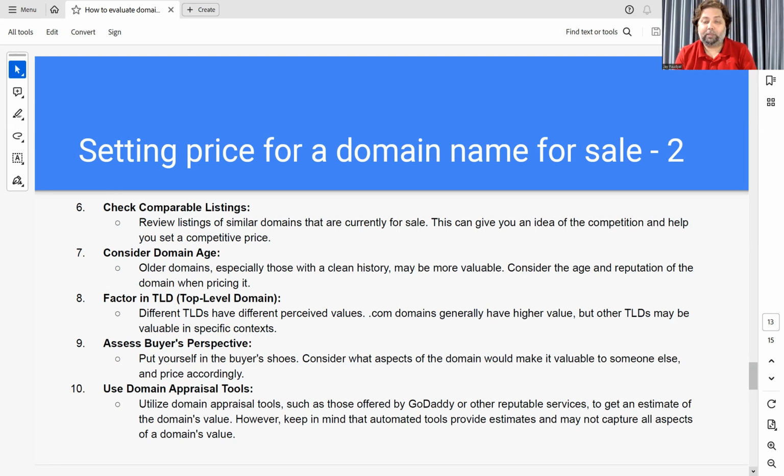Assess the buyer's perspective. You have to also see the perspective of the buyer, like what your buyer is going to do with that particular domain. With magicalcarpet.com, what they'll do, with techskill.com, you know what they'll do. With pccleaner.com, you know what they will do.